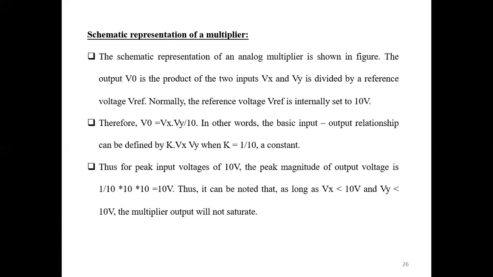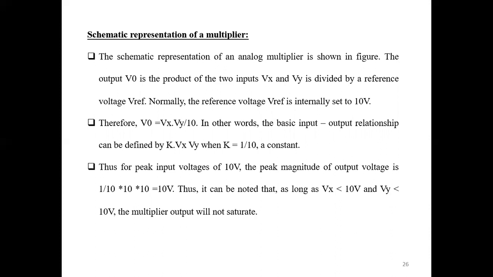This is the schematic representation of an analog multiplier. The output voltage is the product of the two inputs Vx and Vy divided by the reference voltage V reference. Normally the reference voltage is internally set at 10 volts. Therefore, V out is equal to Vx Vy divided by 10.